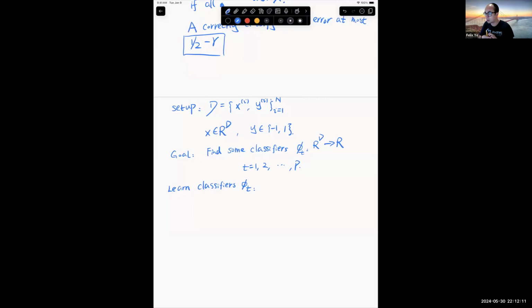The way is to make sure I have some loss function between y_i and the ensemble of previously learned classifiers, the sum over t from 1 to t minus 1 of beta_t phi_t.